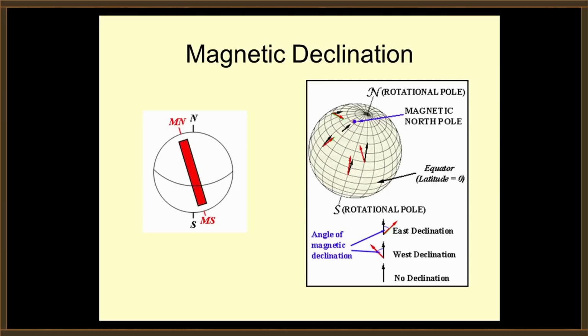Now, as we saw before, the magnetic North Pole is not coincident with the geographic North Pole, or the rotational pole as they call it in this graphic. Because of that, we can have a magnetic declination that is west of true north, as you see here, and that's considered a negative declination. Or we can have a declination that is east of true north, as you see here, and that's considered a positive declination.